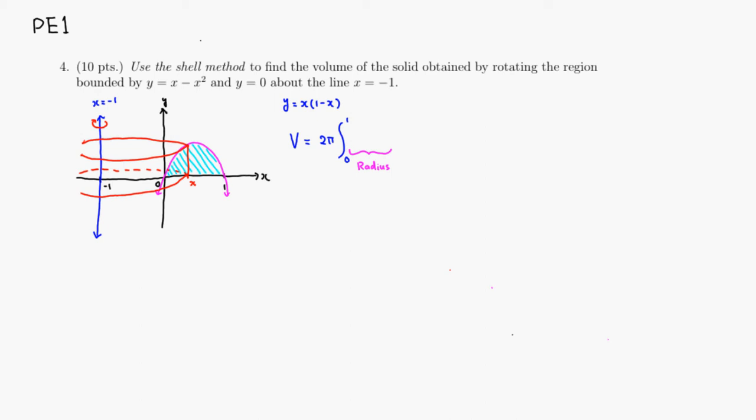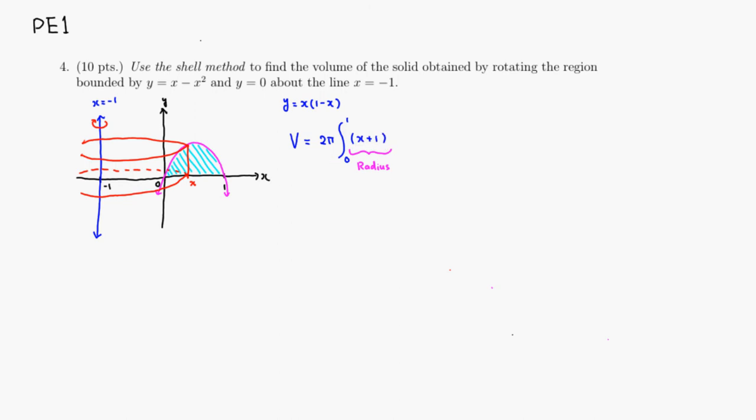The radius is going to be, so this is x, but the axis of rotation is at -1. So it's the distance between x and -1, so x minus -1, so it's going to be x plus 1, right? It's a double negative.